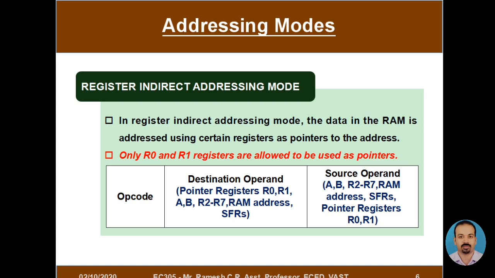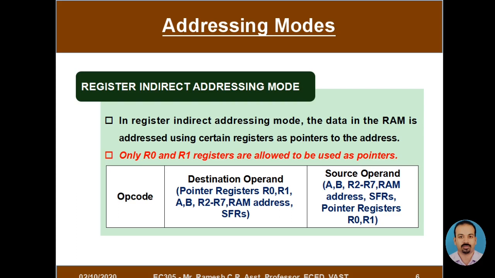So if I have a register and I am storing the value 40h in that particular register, that 1 byte value is not treated as data. Instead, the processor will go to the internal RAM location addressed by 40h, look for the data in that location, and whatever data is present there will be read and processed.